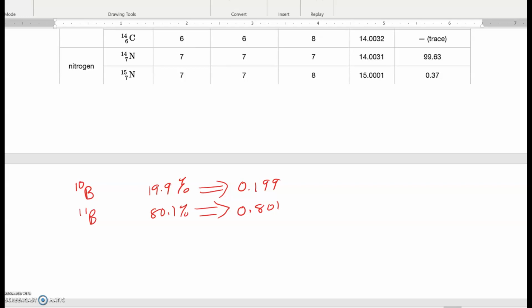So we're going to multiply the fractional amount. The average mass will equal the fraction times the mass of that fraction.